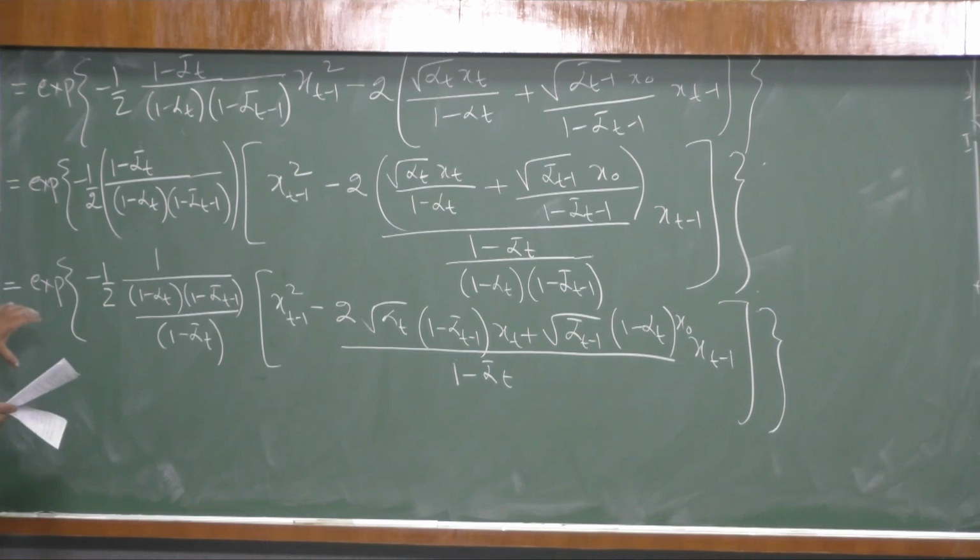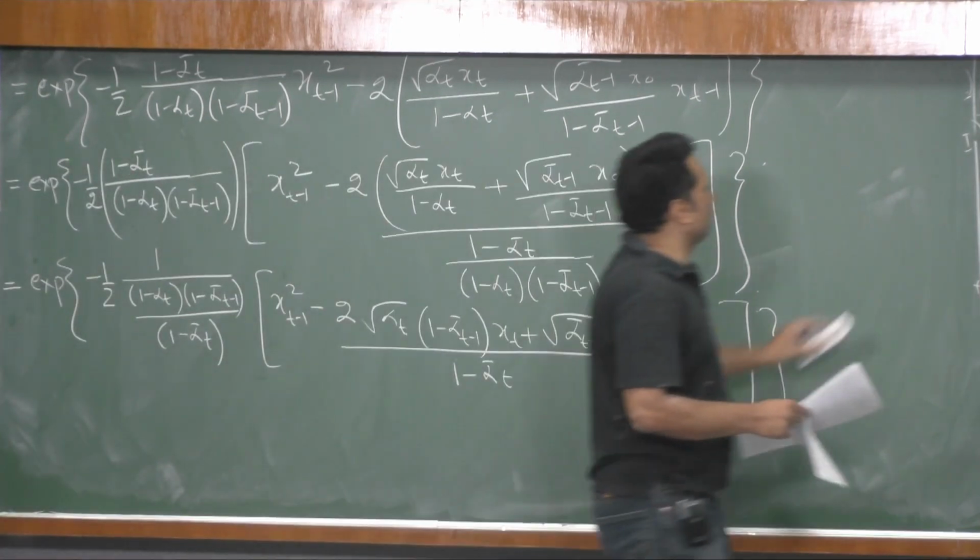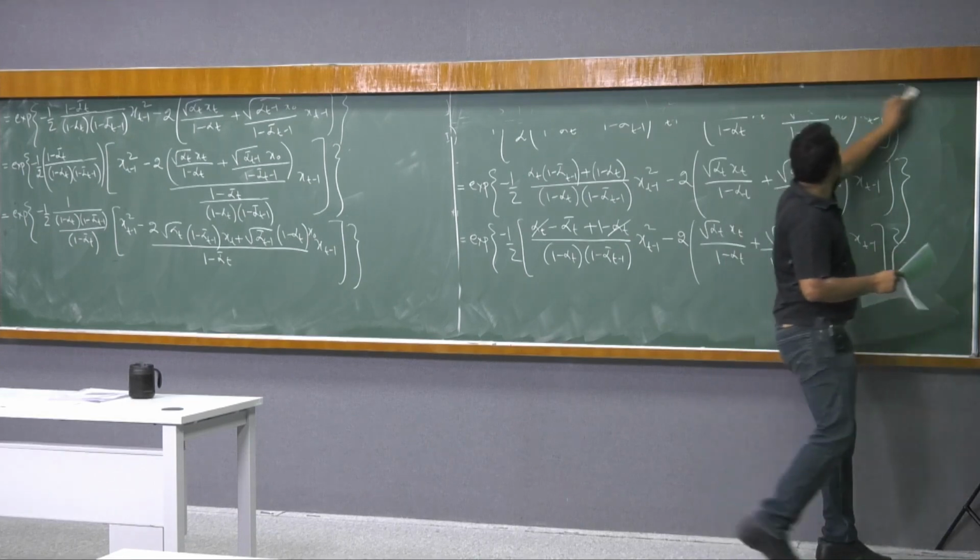So what I will do is propose it, and then I will prove the proposal. I will say that from here onwards, including the c term that we dropped, this will be a normal distribution with the mean that I'm going to write down.